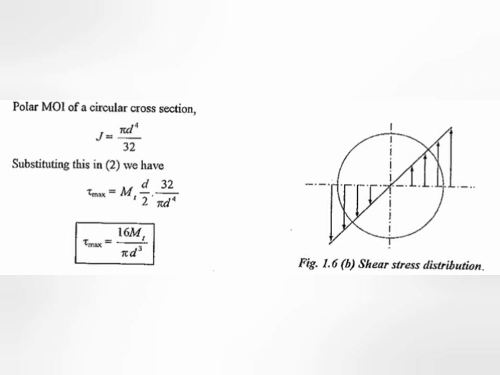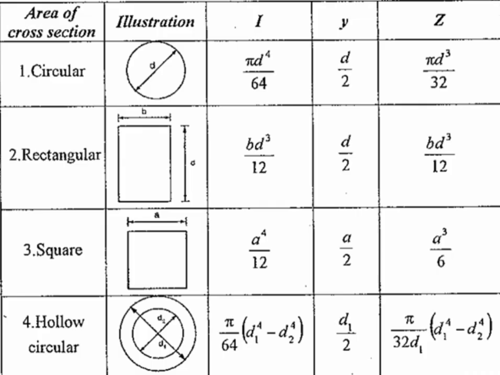From that, the shear stress distribution for a torsional load is minimum at the center and maximum at the outer diameter. And this is a table for different structures. You can refer to this table for the different values of moment of inertia and section modulus. They have already mentioned the very outer distance as d by 2.